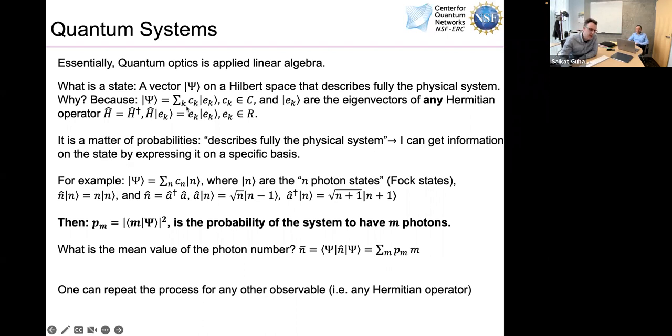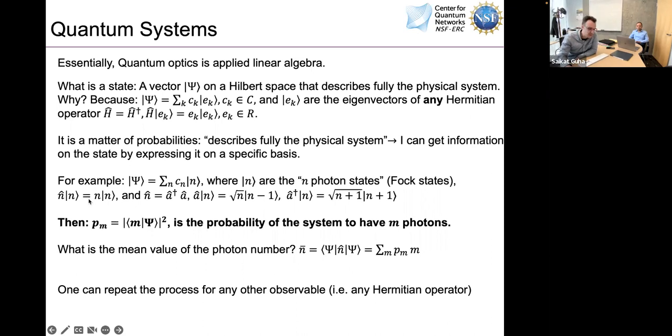Now, what do I mean when I say describes fully the physical system? I mean that I can get information on the state, that means on the physical system, by expressing my state, that means my vector, on some specific eigenbasis. What kind of information do I get? Well, usually the relevant things to think of in quantum mechanics are two things: mean values and probabilities.